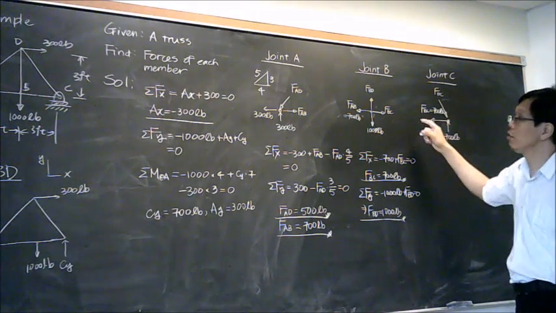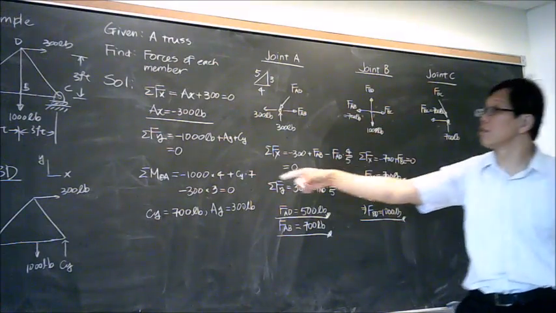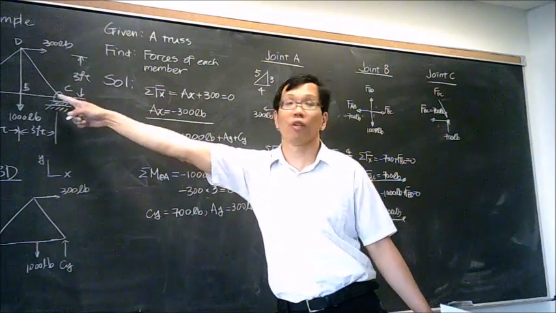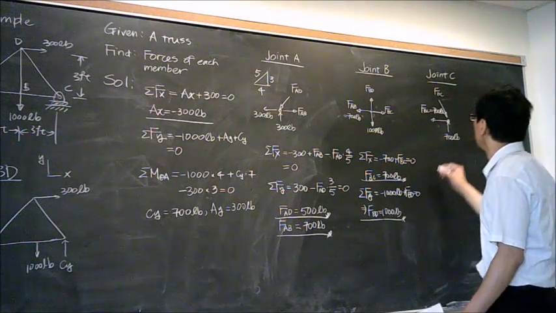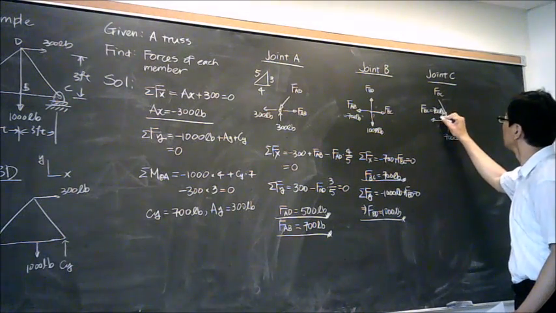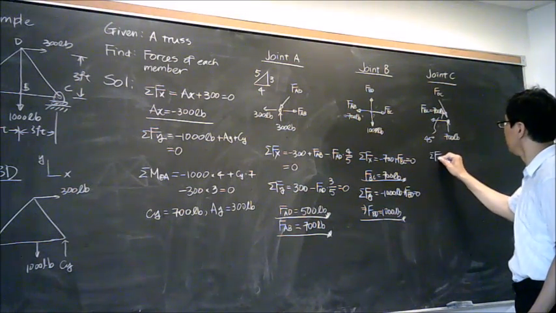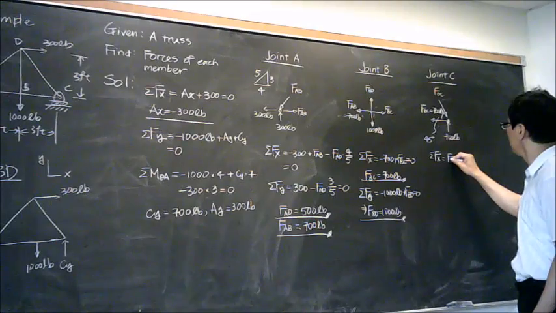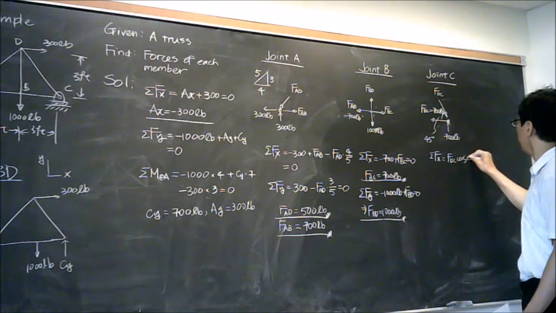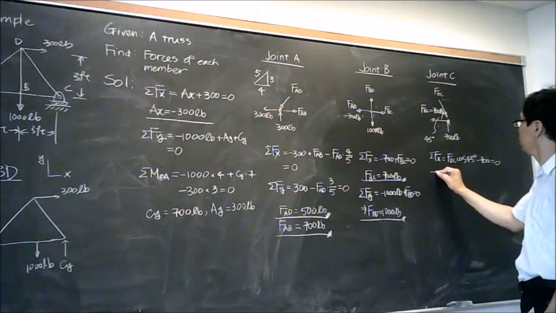So, can you determine the angle of this thing as well? It's going to be what? This is 3B, this is 3B, so the angle over here must be what? 45 degrees. So we're going to do the same thing over here. Fx equals FDC cosine 45 degrees minus 700 equals 0.